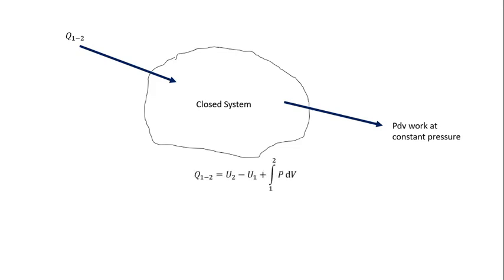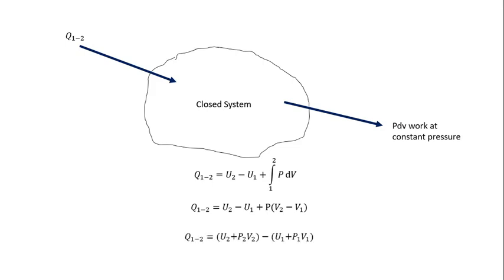So from the first law of thermodynamics, in this case we can write that Q12 equals U2 minus U1 plus integration of PdV from 1 to 2. When pressure is constant, we can write the integration of PdV as P into V2 minus V1, and the equation looks like this.